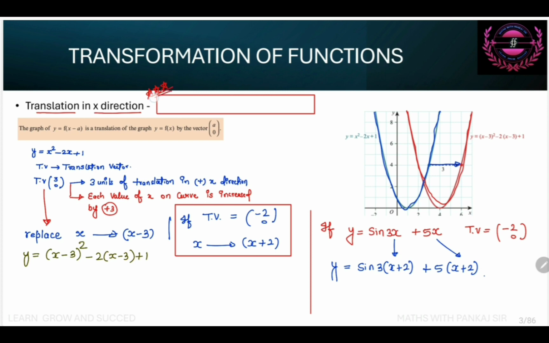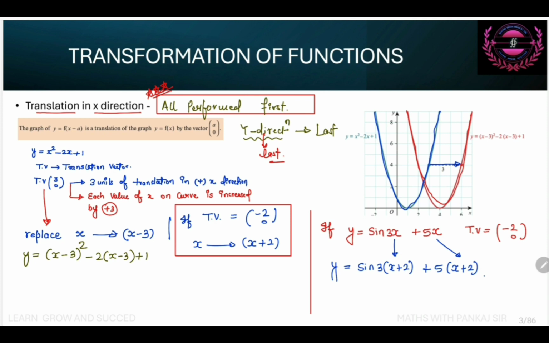Translation in x direction is always performed in the first step, always first, and translation in y direction is always at last. Y direction translation is last.